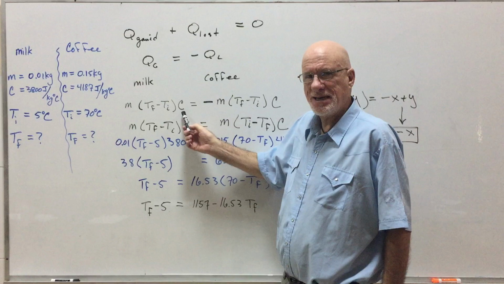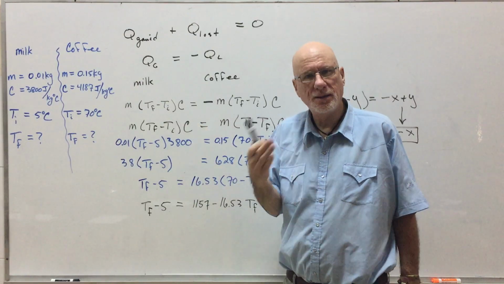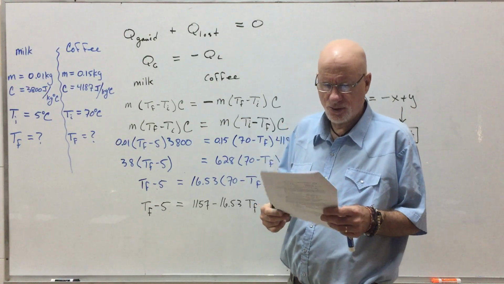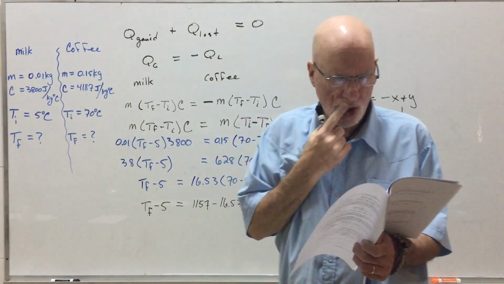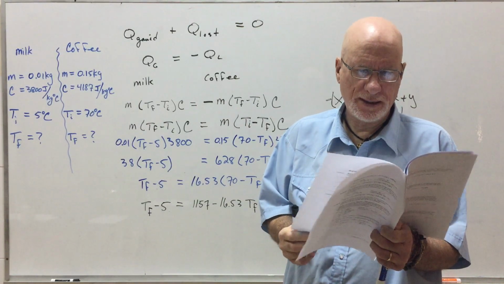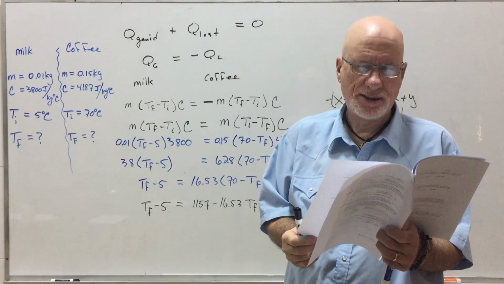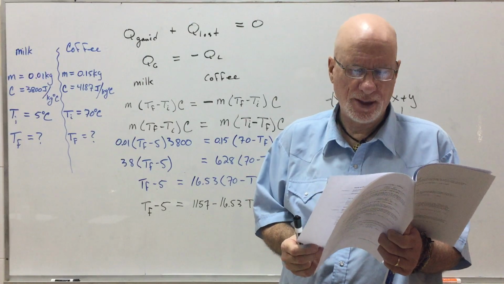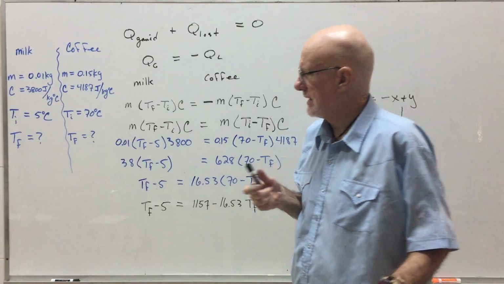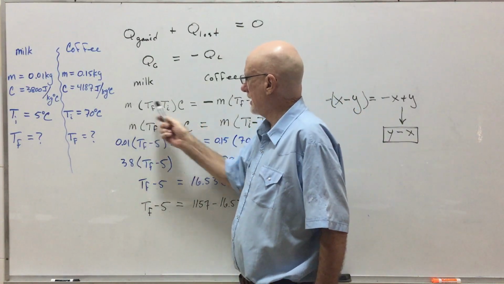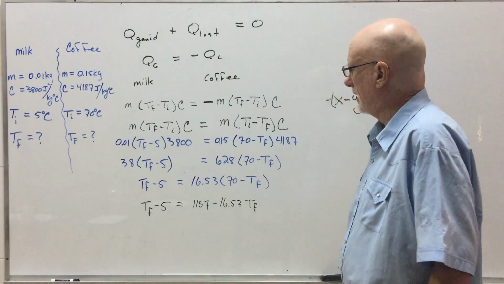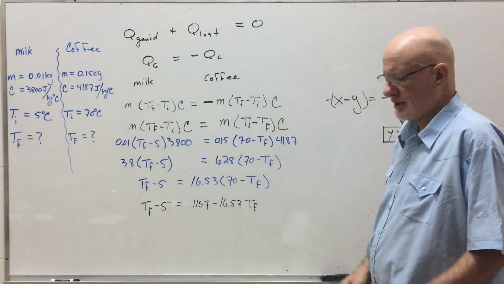Times the specific heat capacity, that's the expression for heat. It says right in the beginning of that, delta Q equals M C delta T. I like to put delta T in the middle, just as a nice separation between M and C. Anyway, so this is the problem.